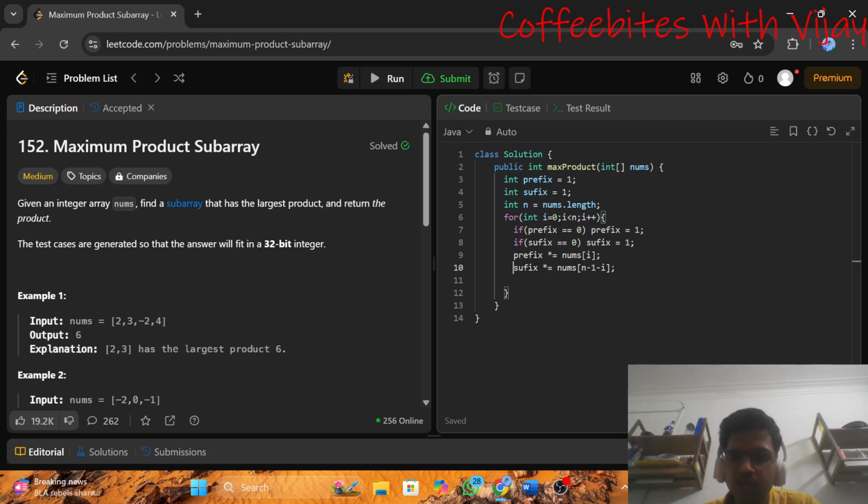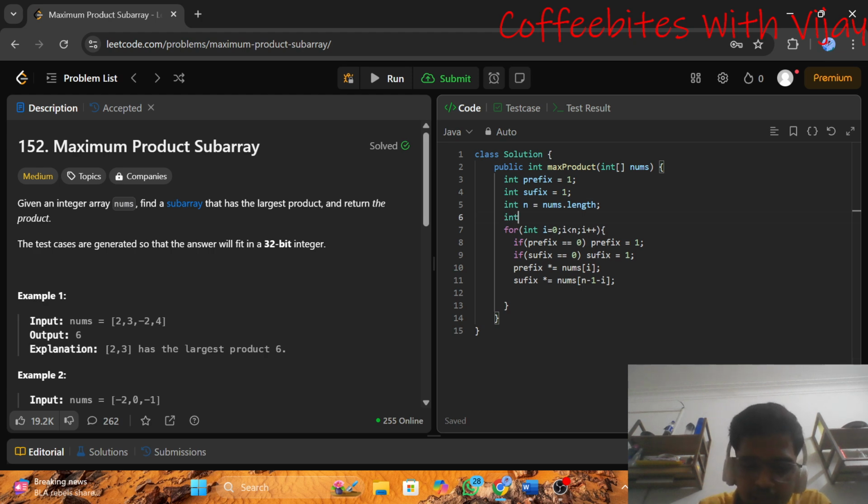And now, sorry guys, I forgot to take one more condition, that is I will take the int max variable. I initialize the int max variable and I'll store the minimum value inside this, Integer.MIN_VALUE.